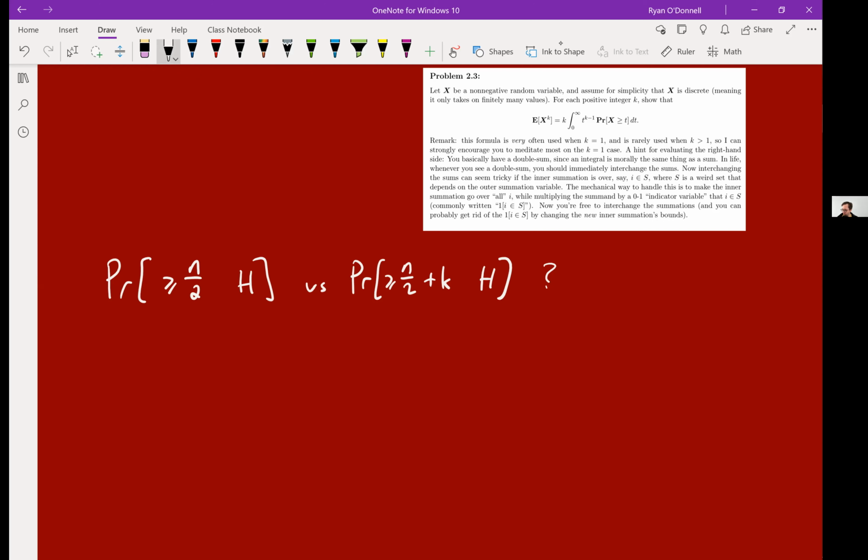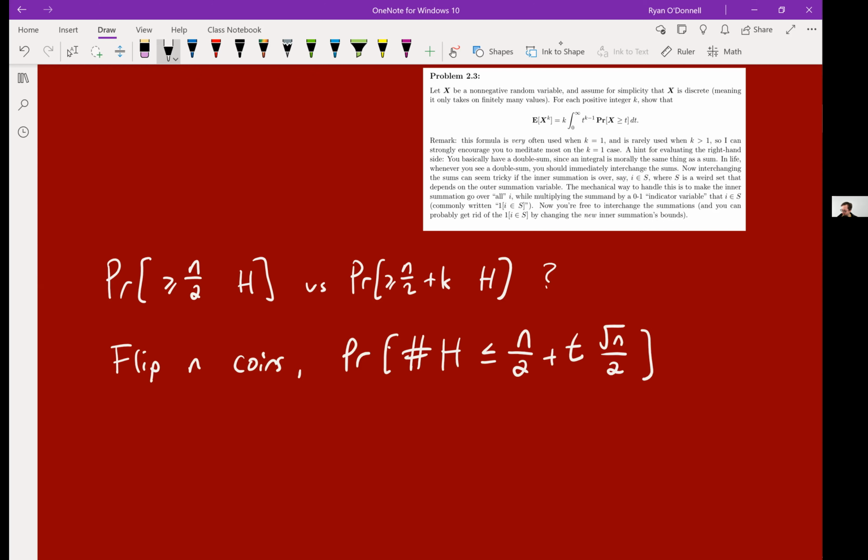I think the result was that if you flip n coins, then the probability that the number of heads is less than or equal to n over 2 plus some standard deviations, multiplied by square root n over 2, right, let's say t standard deviations, and the standard deviation for the number of heads is root n over 2, is approximately the standard normal CDF plus or minus 0.56 over root n.